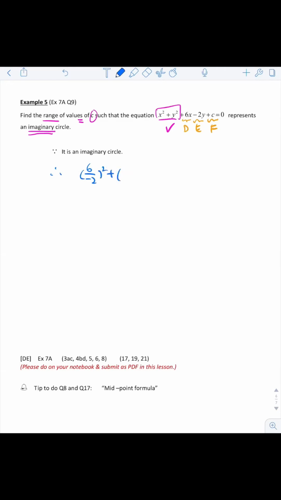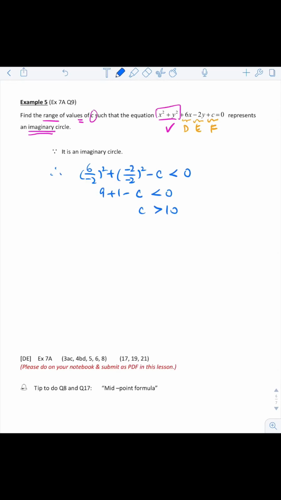We have D over negative 2 squared plus E over negative 2 squared minus F. This is less than 0. So we have 9 plus 1 minus C is smaller than 0. And finally, we got C is greater than 10.